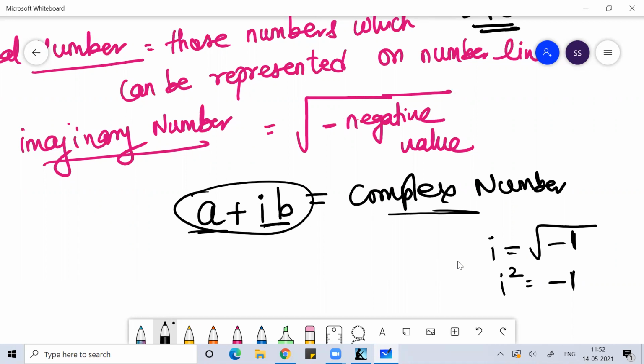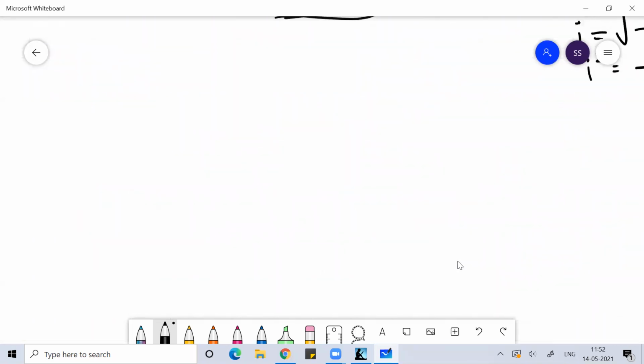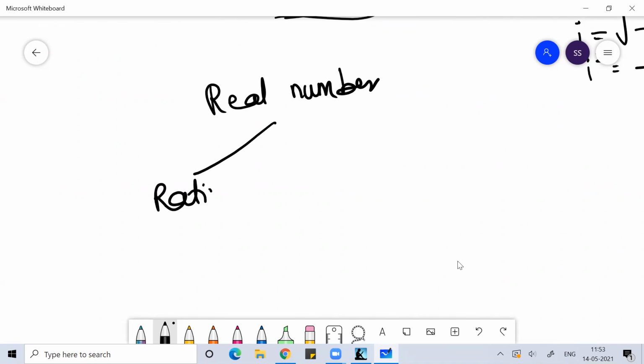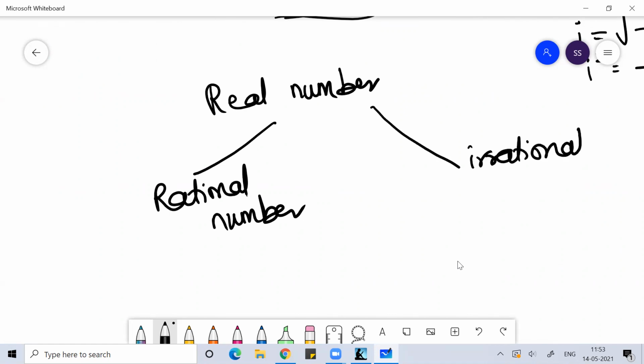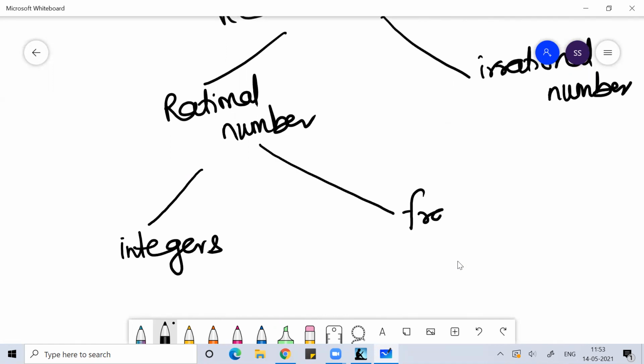So you should know what are real numbers and what are imaginary numbers. Real numbers are basically of two types. They can be rational numbers, or they can be irrational numbers.